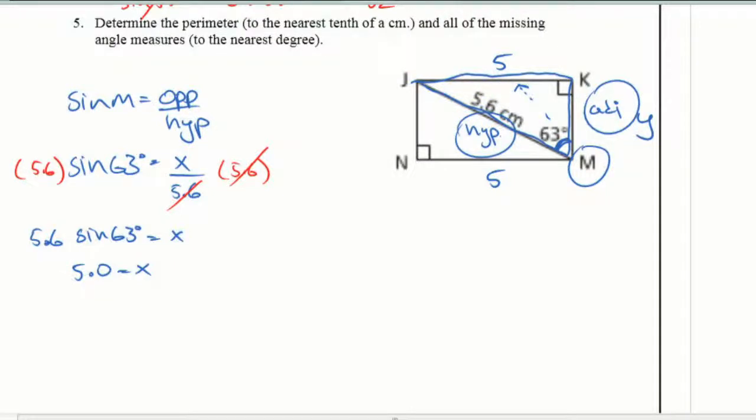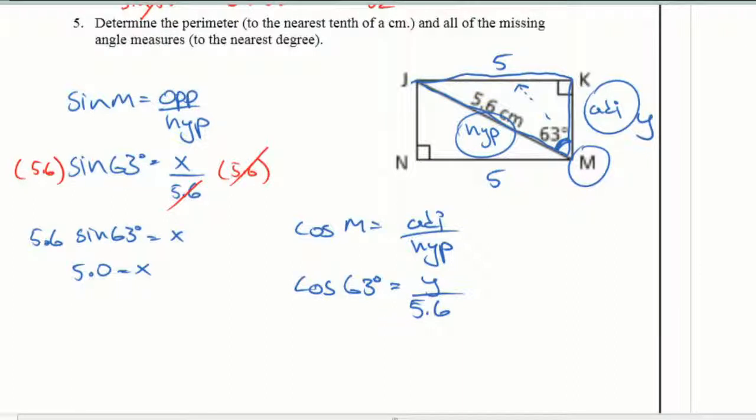Adjacent and the hypotenuse, the cosine of angle M is the adjacent divided by the hypotenuse. So CAH, C-A-H, cosine adjacent over hypotenuse. So we're doing the same process. Cosine of 63 degrees, that angle I was dealing with, is the adjacent side, we'll call it Y, divided by the hypotenuse, 5.6.